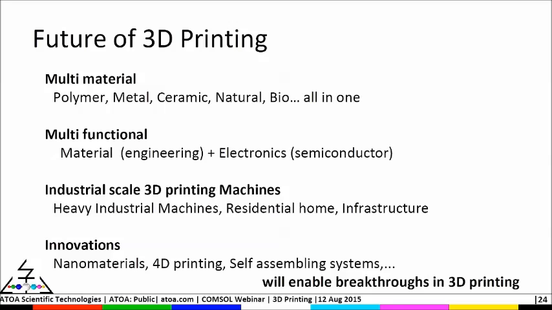So we need printers which can print at larger scale, for example, printers to print large scale industrial machines or residential homes. Like printing your home: within 24 hours you should be able to build your own home, which takes more than 2.5 years with the current production technologies.